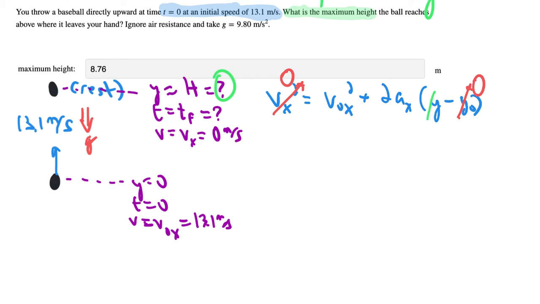And our final height is going to be h, and we know that the acceleration is going to be minus g. So this equation can be turned into 0 equals the initial speed squared plus 2 times minus g times h. And now I can just solve.